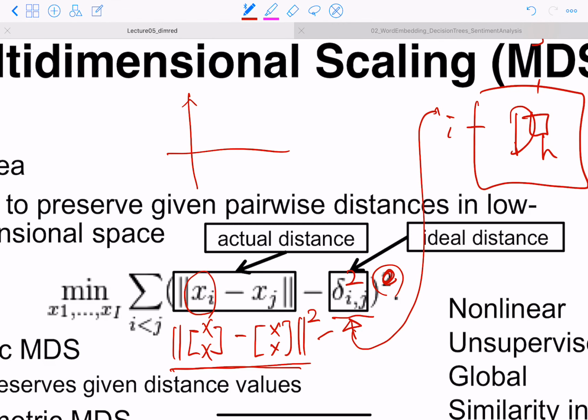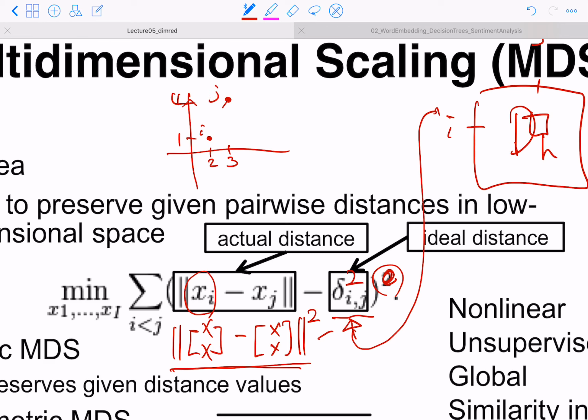Suppose we have (2, 1) as i's point and (3, 4) as j's point.